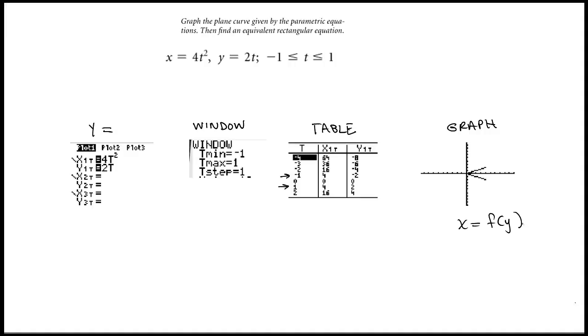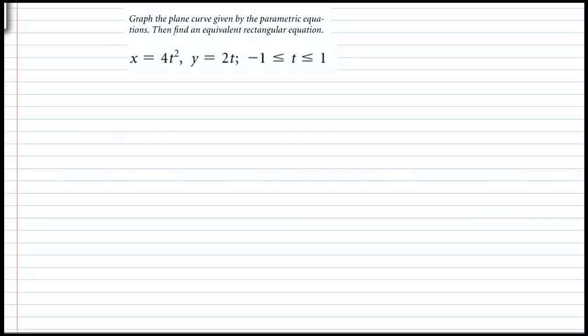Because it's turned on its side, that means when we look at the rectangular equation part, we're actually going to write it as x as a function of y. So nothing different here. First thing you want to do is, again, take the y equals 2t and solve for t.